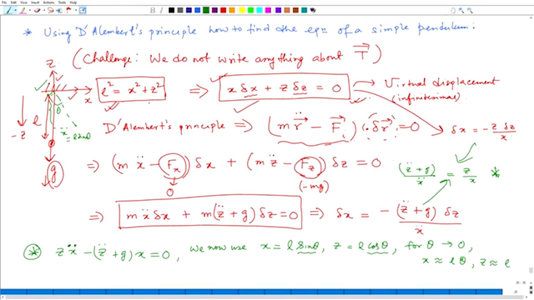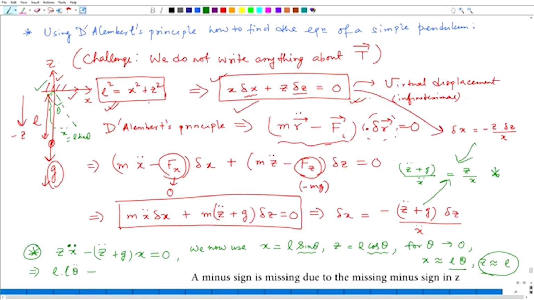So, then what happens if you use this one, you will have z is L, x double dot will be L times theta double dot. So, L times theta double dot minus, z will be a constant almost, so z double dot we can neglect, and there is a minus g times x, x is again L theta.